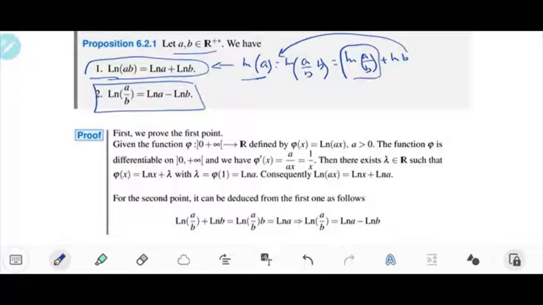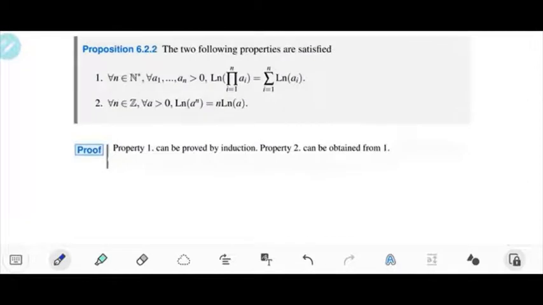So again, until now, I started with the definition, and everything I'm proving it using the initial definition of the logarithm. So this is how we prove these two properties. Of course, we can extend now what we already proved to a given number of points.